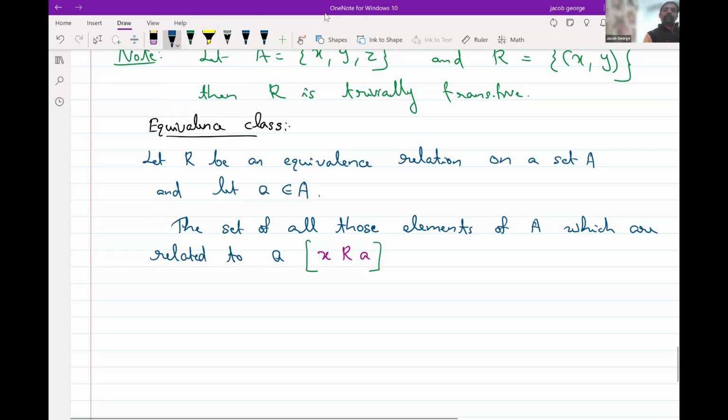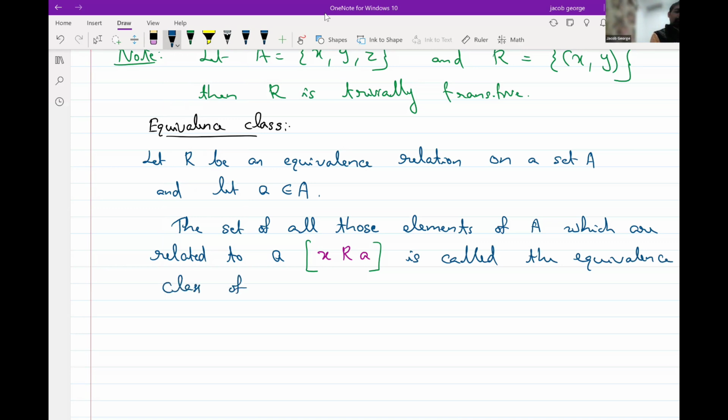The set of all those elements of capital A which are related to small letter a is called the equivalence class of a. Please write that sentence.